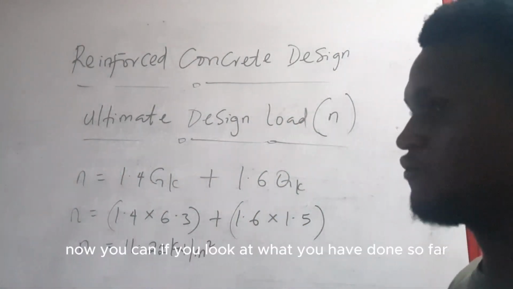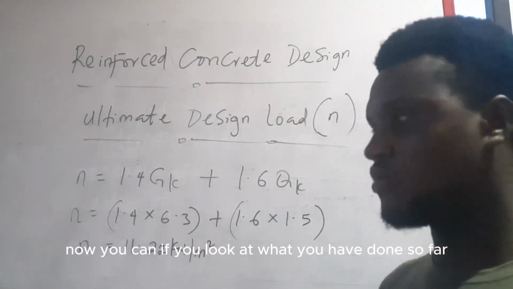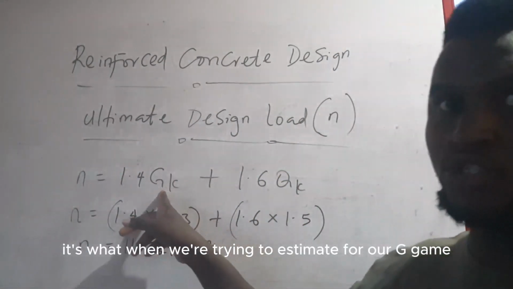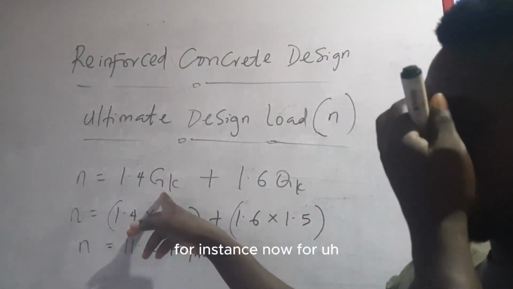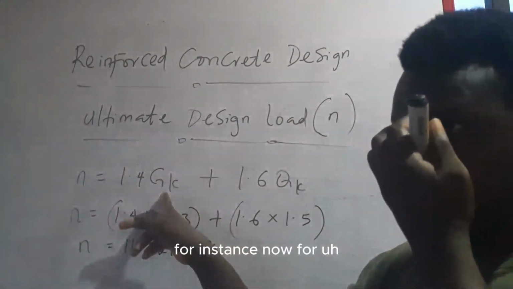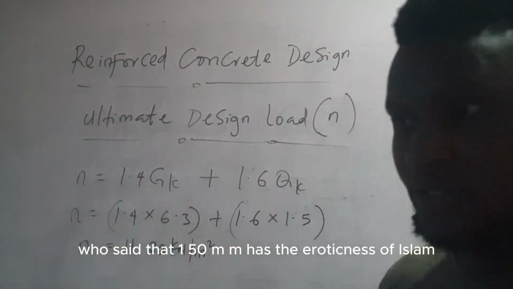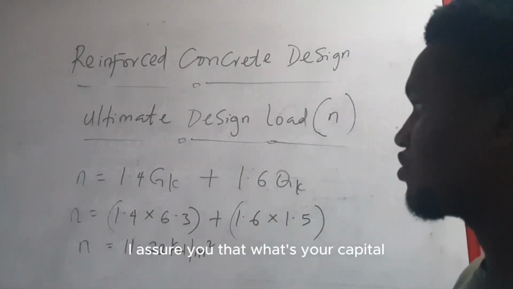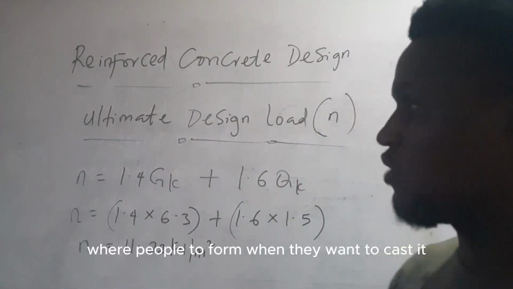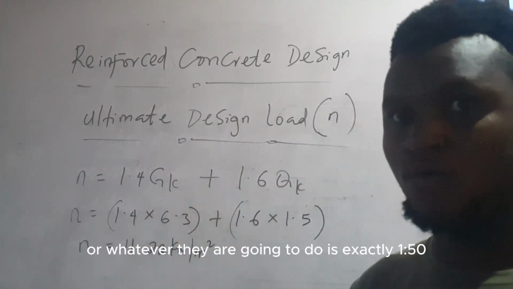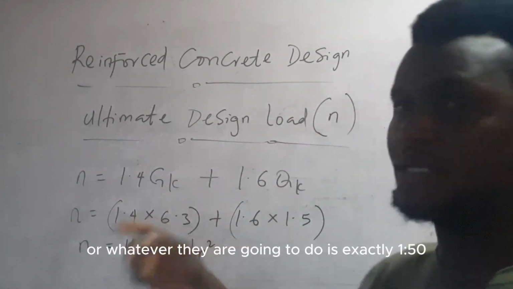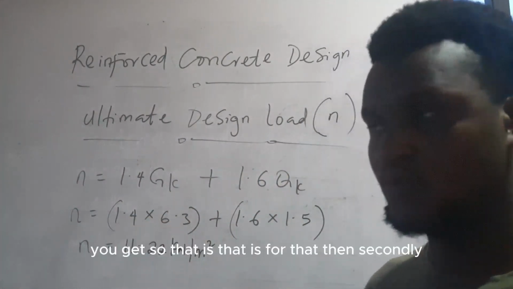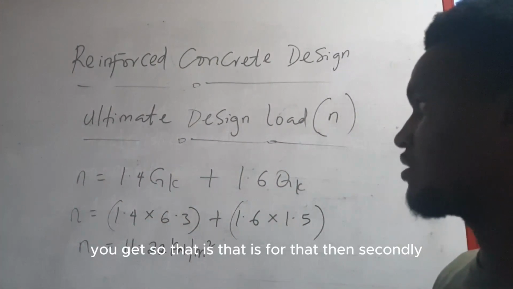If you look at what we have done so far, when we're trying to estimate our GK, for instance, we said 150 mm as the overall thickness of the slab. What your contractor will form when they want to cast it is exactly 150. What if it's more than that?